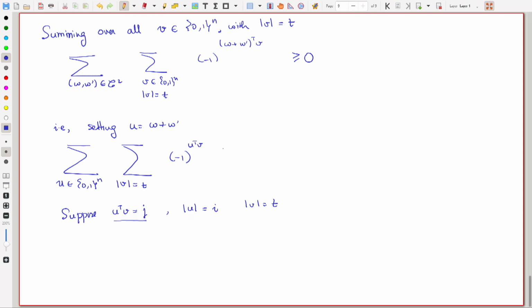Minus u transpose v, and I am taking the sum over minus 1 to the power u transpose.